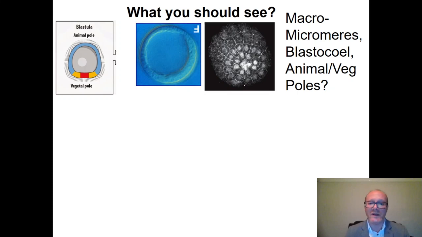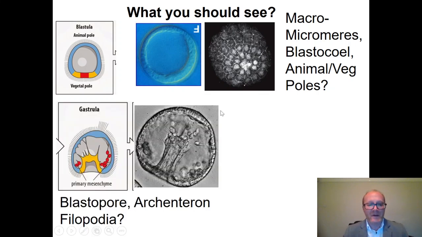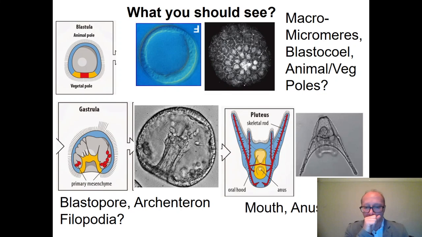For example, you will need to identify macromeres and micromeres, the blastocoel, perhaps the animal and vegetal poles. You will also need to identify the blastopore, the archenteron, and the filopodia, as well as the position of the mouth and the anus in Pluteus larva, for instance.